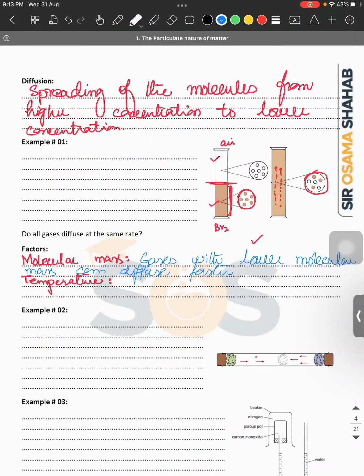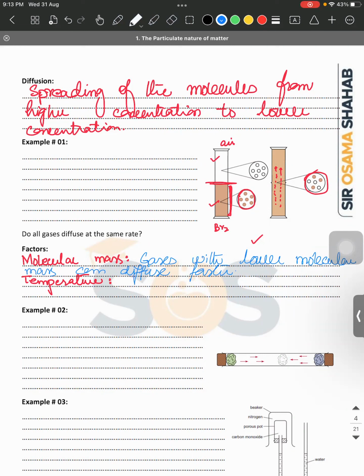And if you talk about temperature, it is just like this. You know that when you heat something, the kinetic energy of the particles is going to increase, so they are going to move faster. So temperature is directly proportional to diffusion. It's very simple. If you increase the heat, the kinetic energy of the particles increases and the movement of the particles increases.